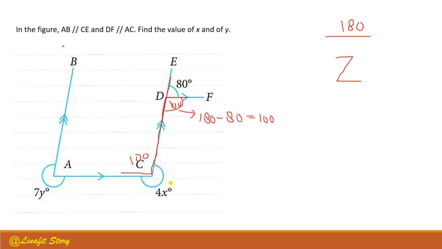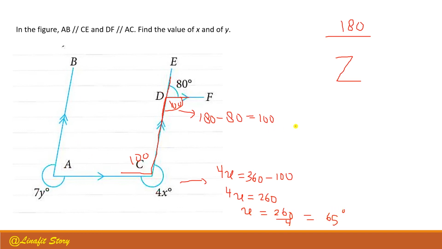4x is the reflex angle of C. So 4x is equal to 360 minus 100. 4x is equal to 260. So x is equal to 260 divided by 4, which is 65 degrees.